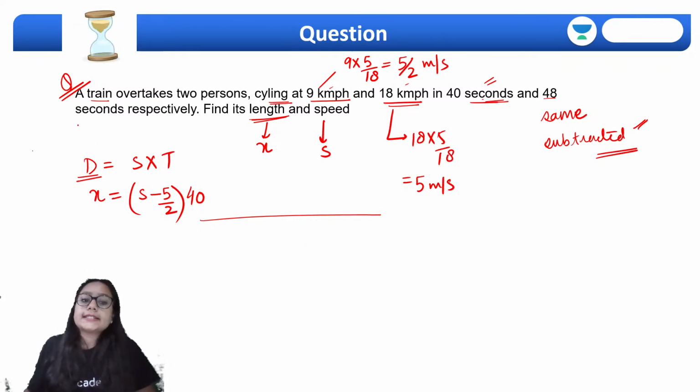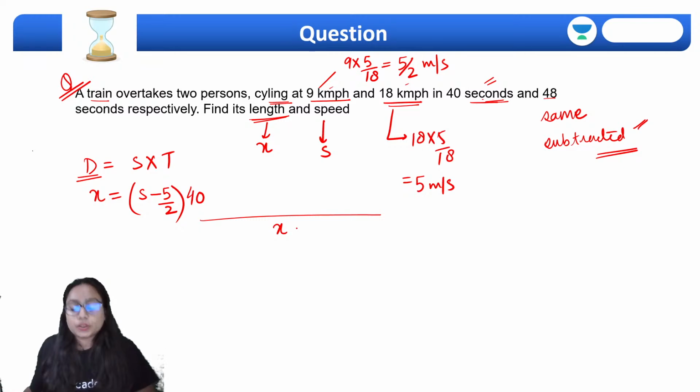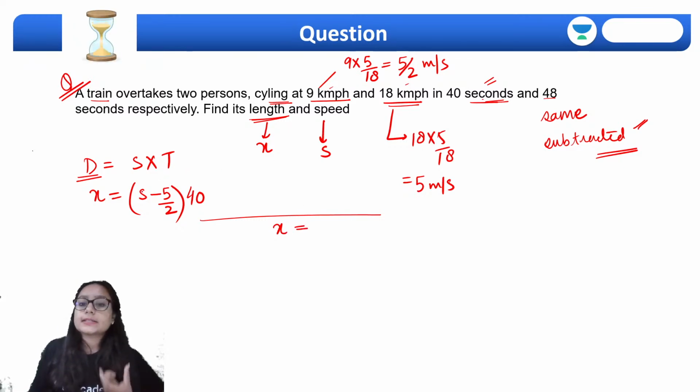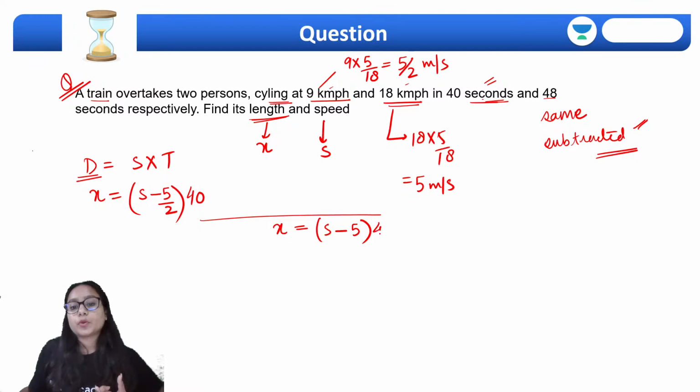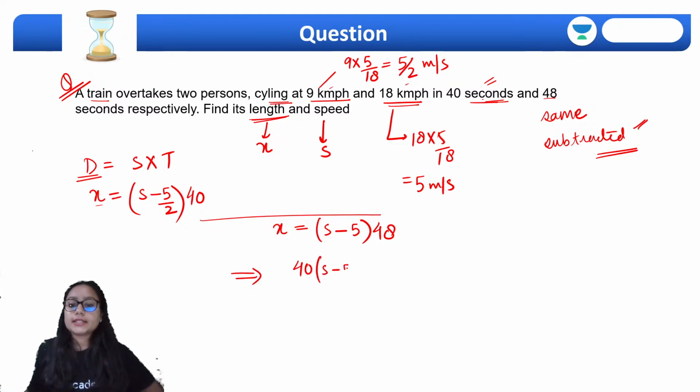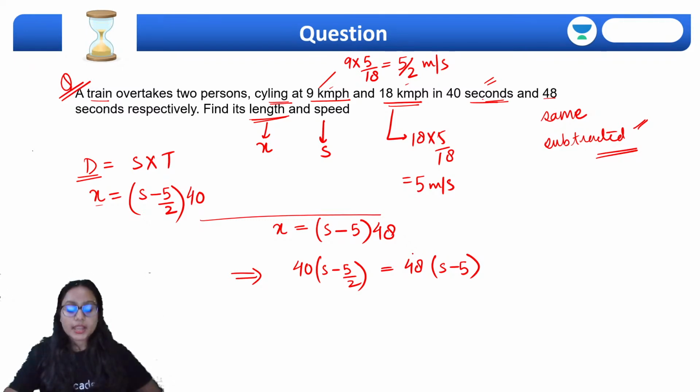So distance again in this case will be equal to length of the train, that is equal to x. Then what is the speed? Speed is s minus 5 and the time here is 48. So you have two equations. Both these equations are for distance. Hence I can say that 40 into s minus 5 by 2 is equal to 48 into s minus 5. So please simplify this and tell me what is the value of s.